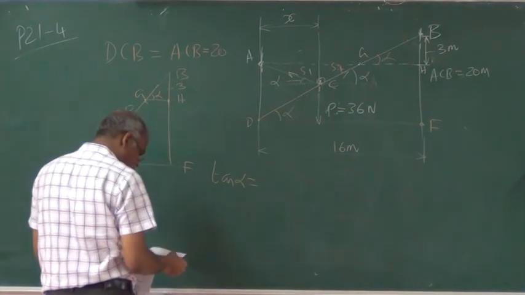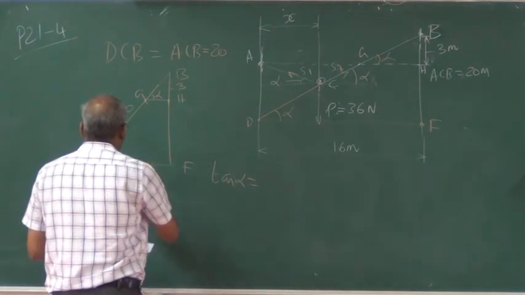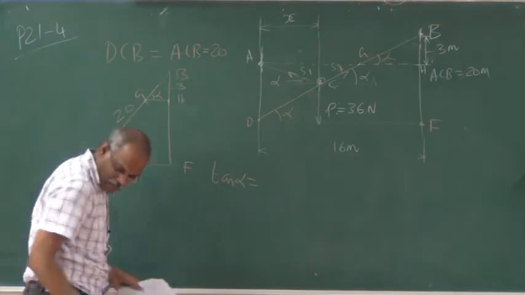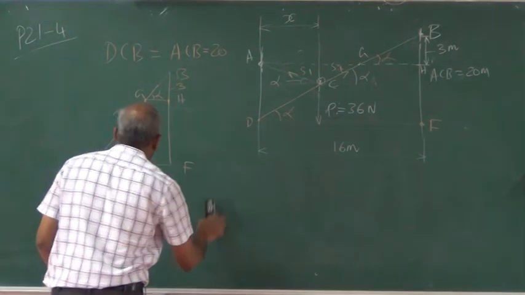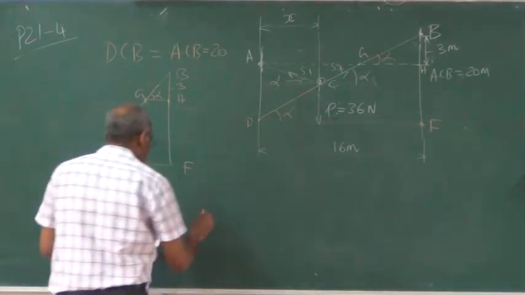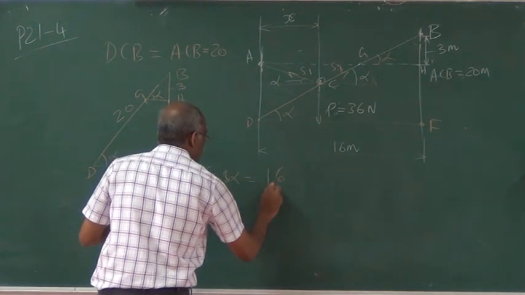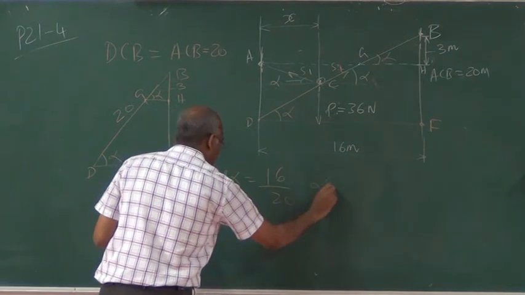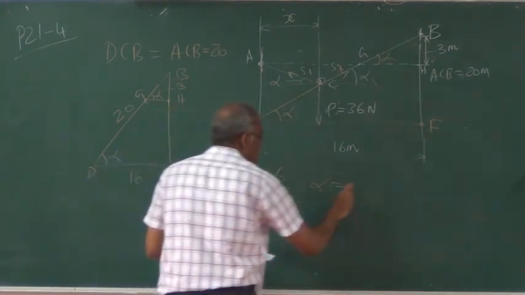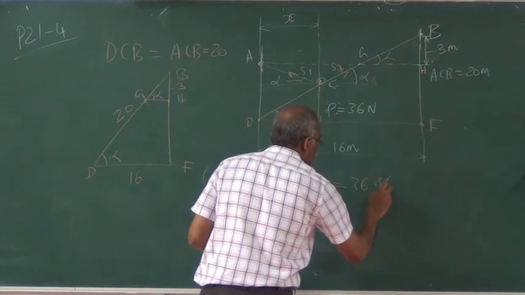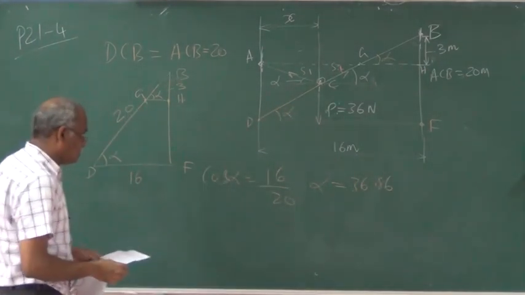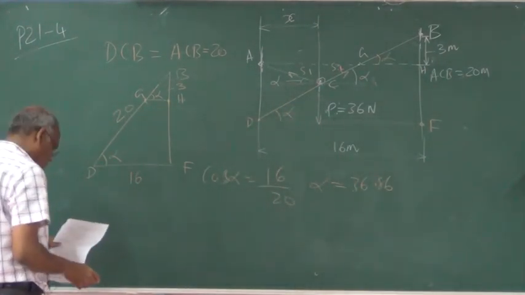From here you can construct the cos alpha. So cos alpha is equal to 16 by 20. So alpha is equal to 36.86 degrees. So that is your alpha.